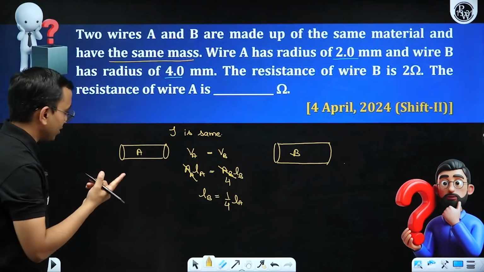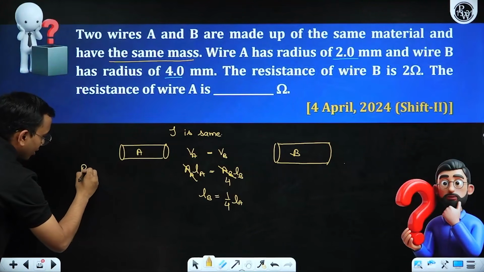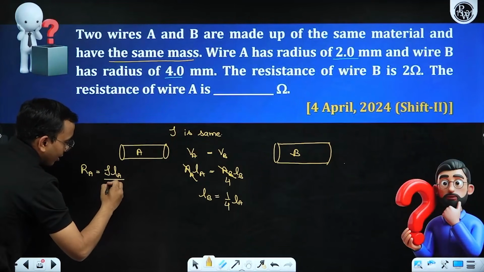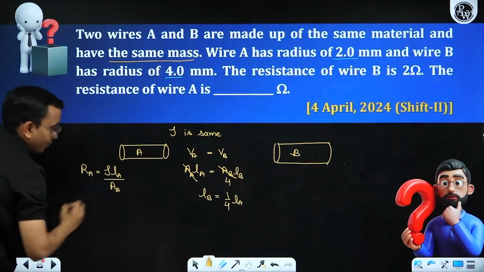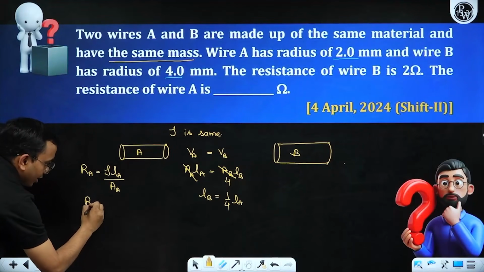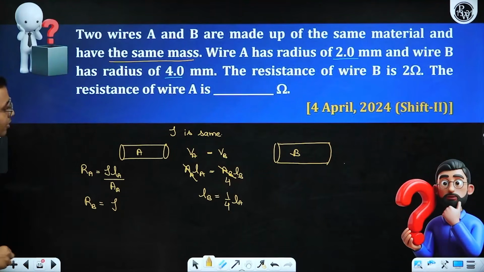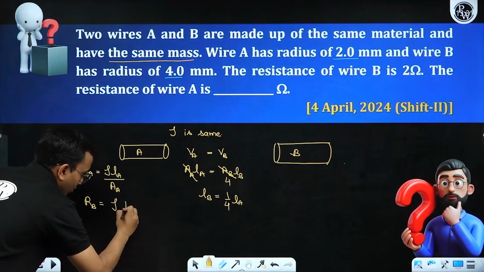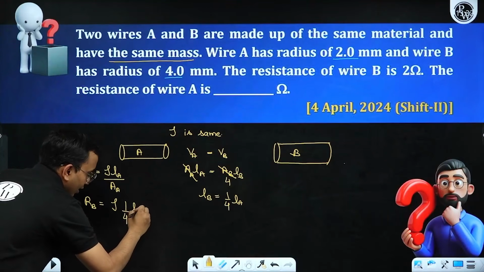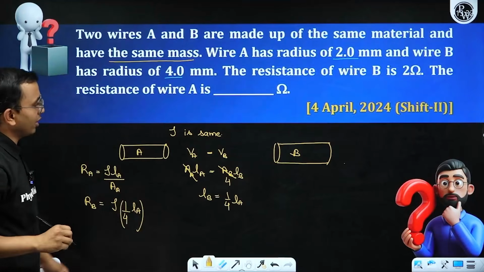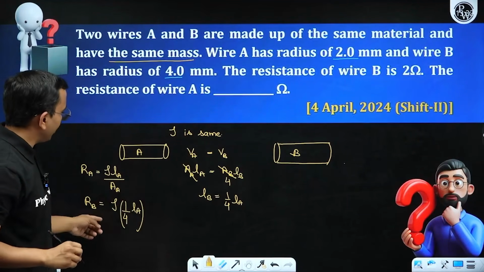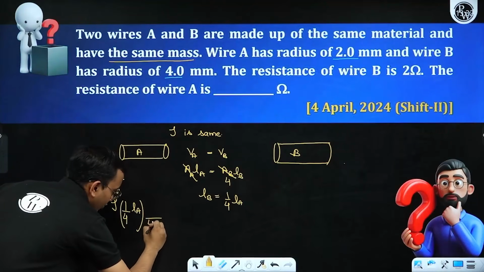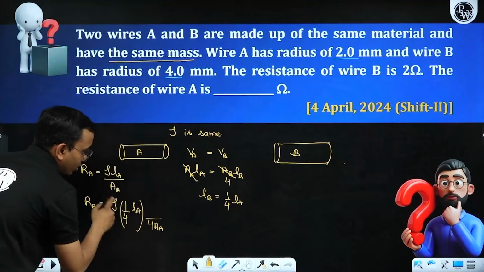Now write the resistance. Resistance of A is rho into L_A by area of A. Now resistance of B is rho times length of B. Length of B is 1/4 of length of A, so 1/4 length of A, divided by area of B. Area of B is 4 times the area of A. So this is 4 into 4, 16.